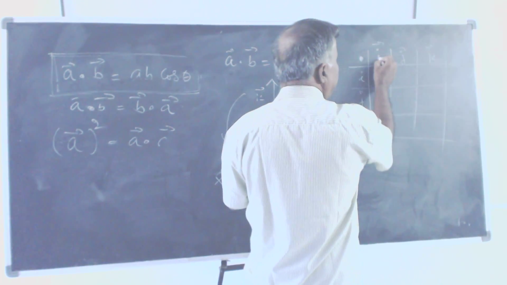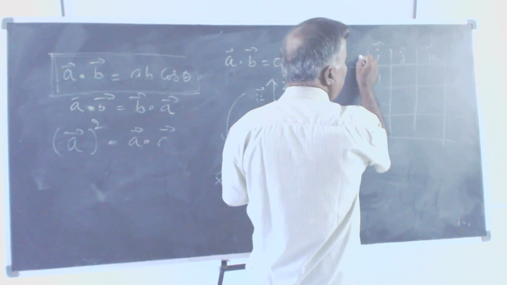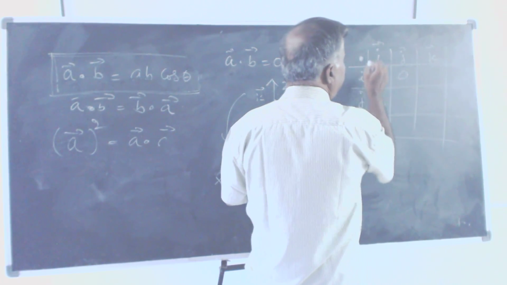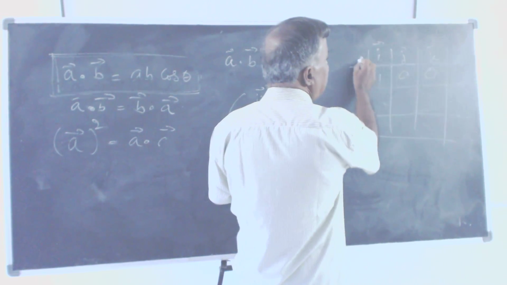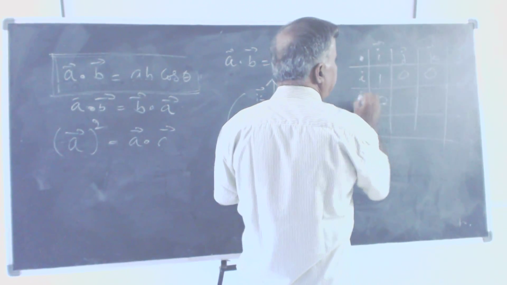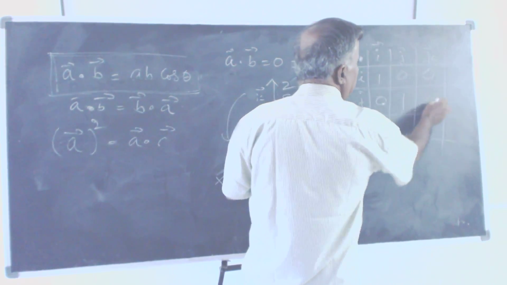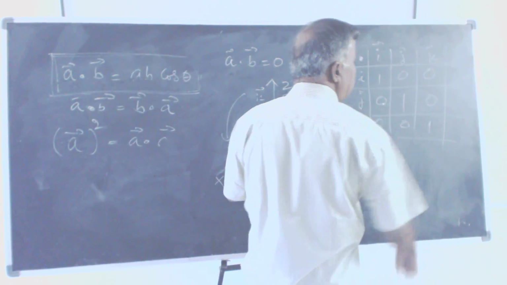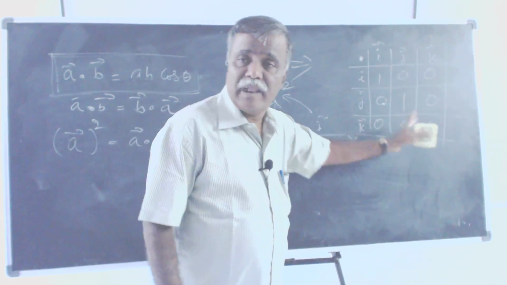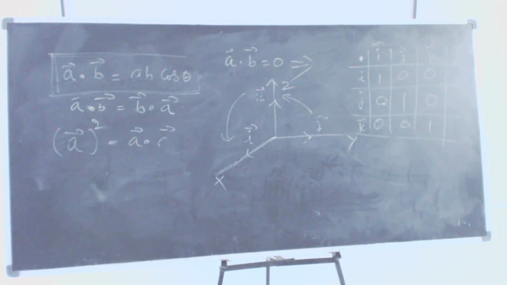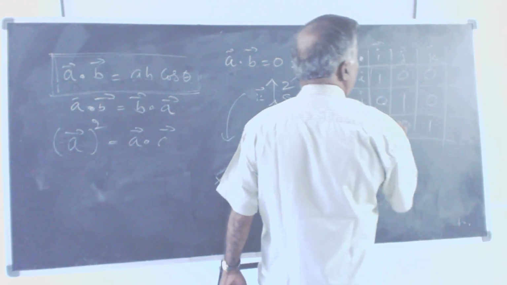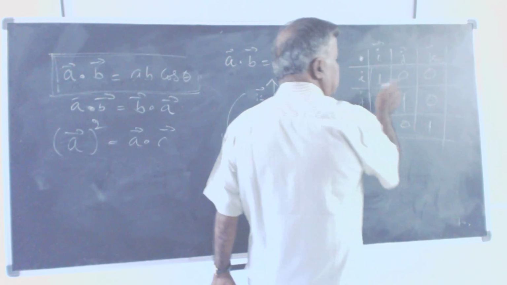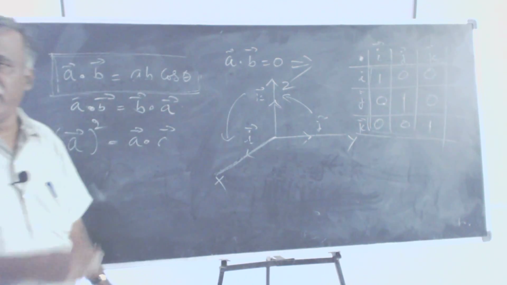Now i dot i, same vector, 1, i dot j 0, i dot k different vector 0. Next j dot i different, then j dot j 1. See how beautifully this is formed, it represents a unit matrix. You know what is in the unit matrix? The diagonal elements are 1, all other elements are 0, just like a square matrix. So 1, 1, 1 like this. So all the values are tabulated like this.